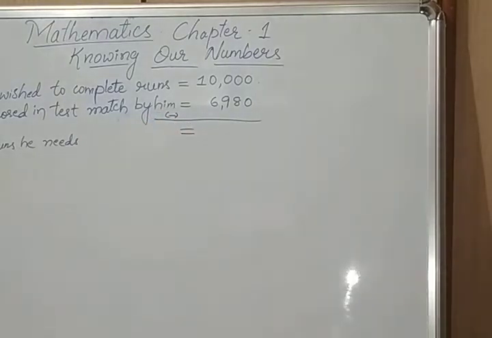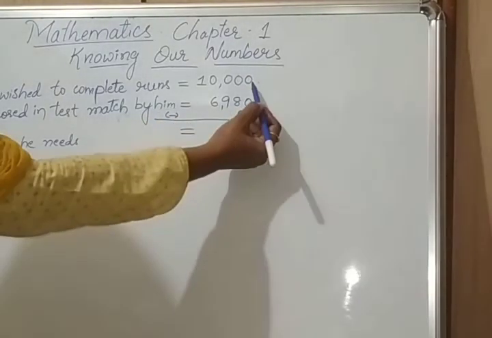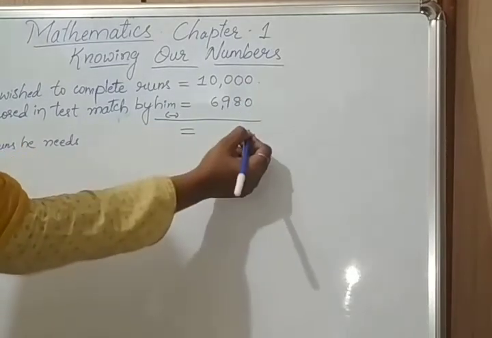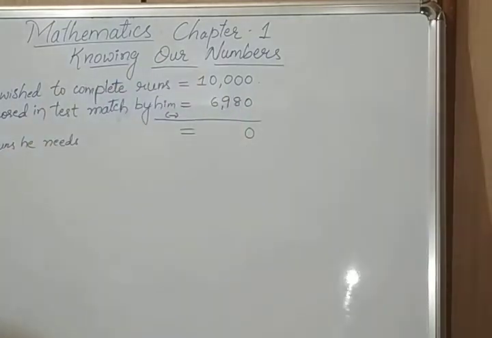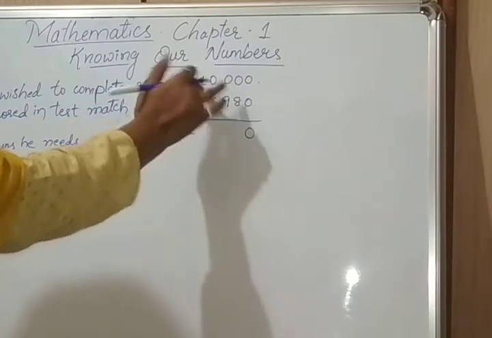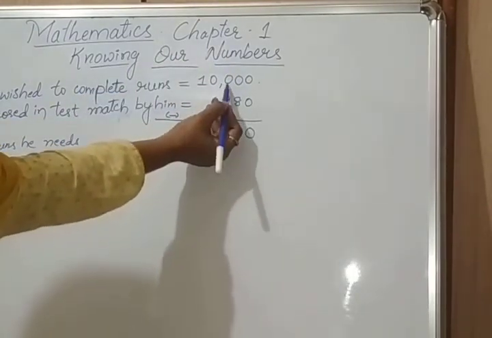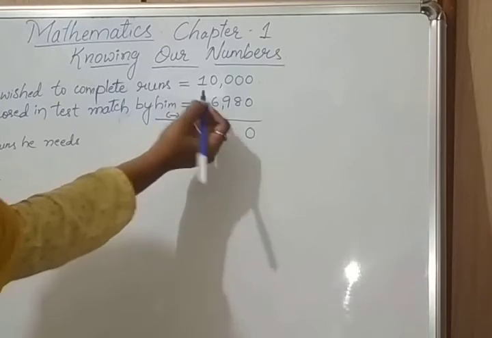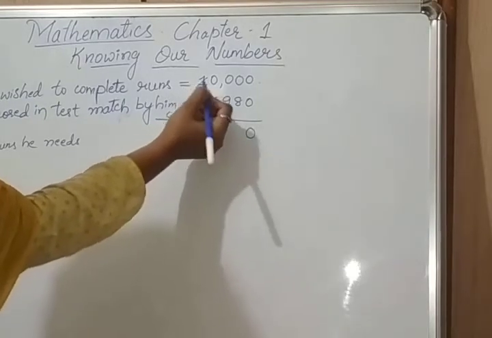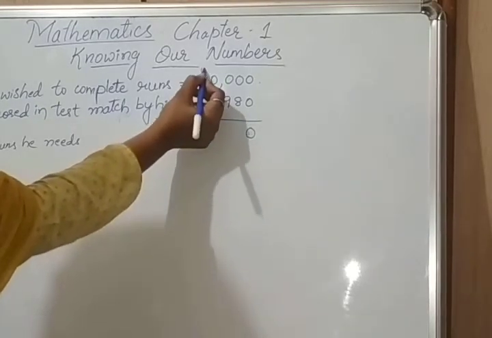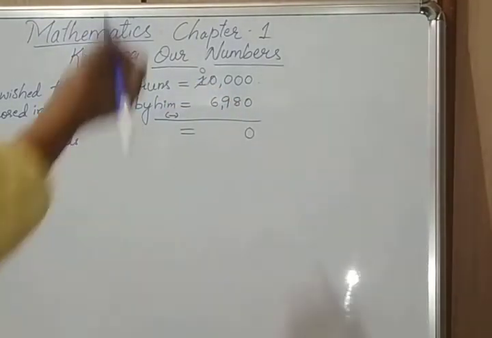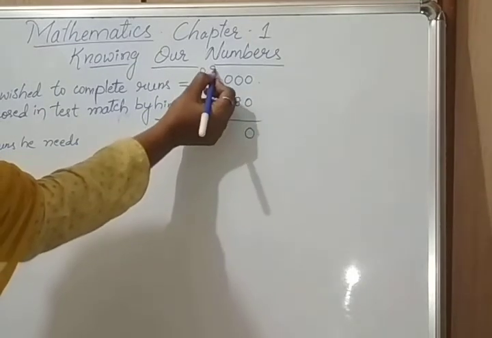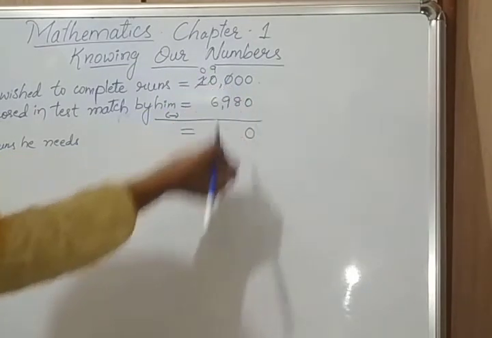We have to subtract. So 0 minus 0 is 0. 0 minus 8 can't, so we have to borrow from the 100 place, 1000 and 10,000. Here in the 100 place 0 is there, 1000 0, so borrow from the 10,000 place, 1 becomes 0. Here it becomes 10. Again if we borrow here, it becomes 9. This becomes 10.